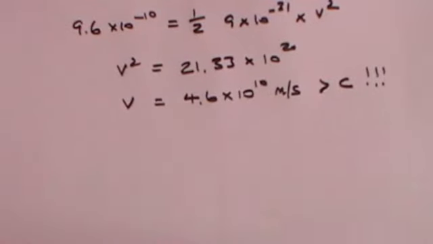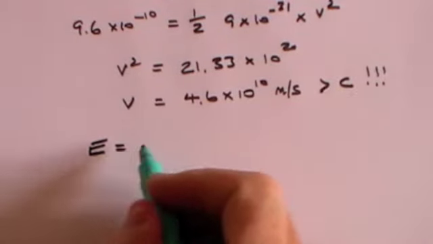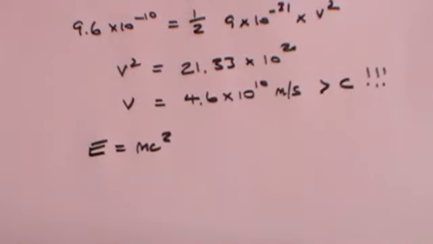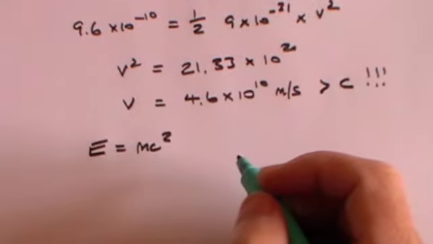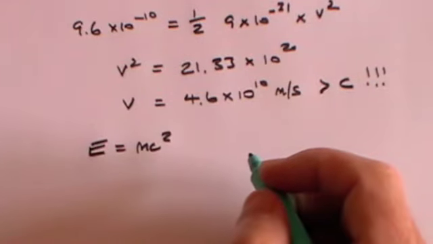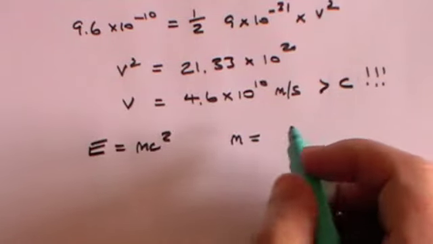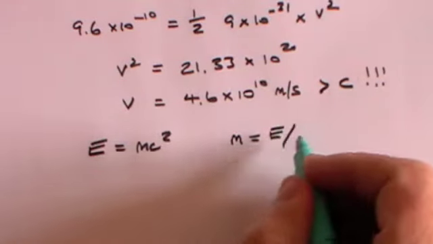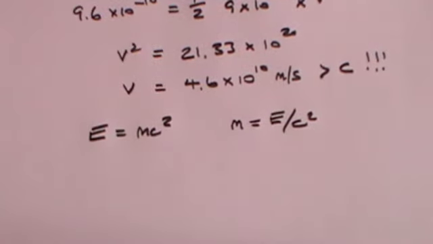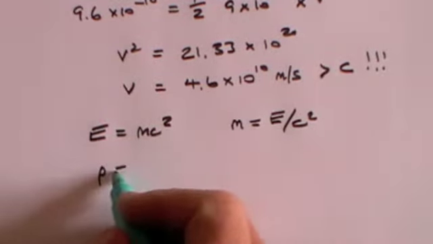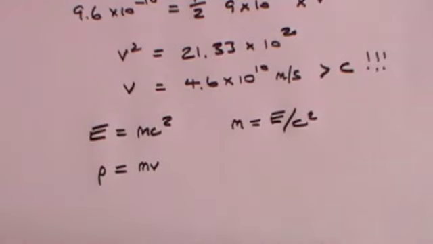Another way to look at this is to use Einstein's own formula, E equals mc squared. And this is a hand-waving argument. It's not really the proper way of looking at it, but it gives us the right answer. It says that you can regard a mass term as equal to E over c squared. Now the momentum of a particle is mass times velocity.